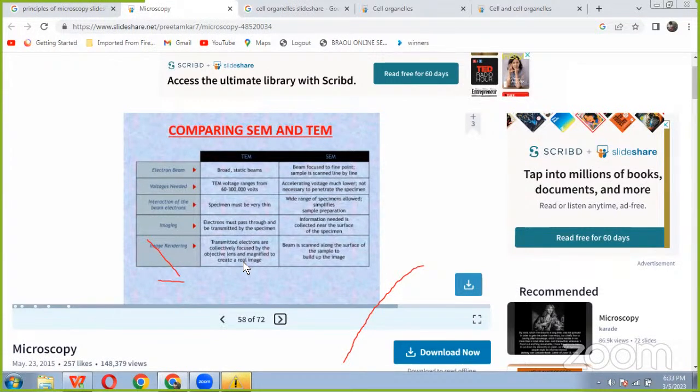Okay, voltage. Next one, the interaction of the beam electrons. These are very important. Specimens must be very thin, especially in TEM. At the same time, in SEM some of the specimens are gold coated.